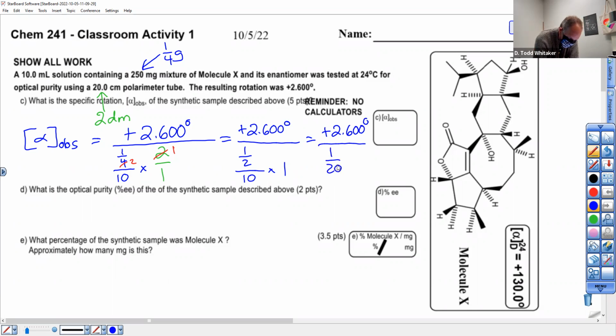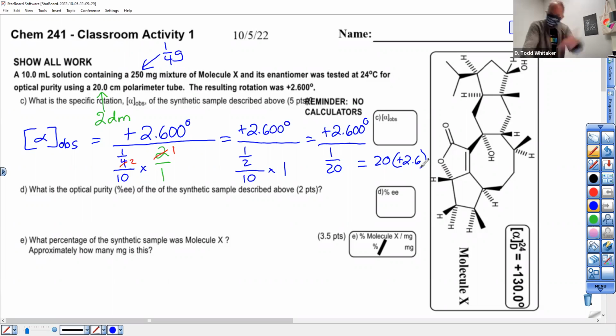1/20, 20 times plus 2.6. Is that right? There's some long math here, but it's not terrible, is it? It's basically 2 times 2.6 and then put a 0 at the end, right?